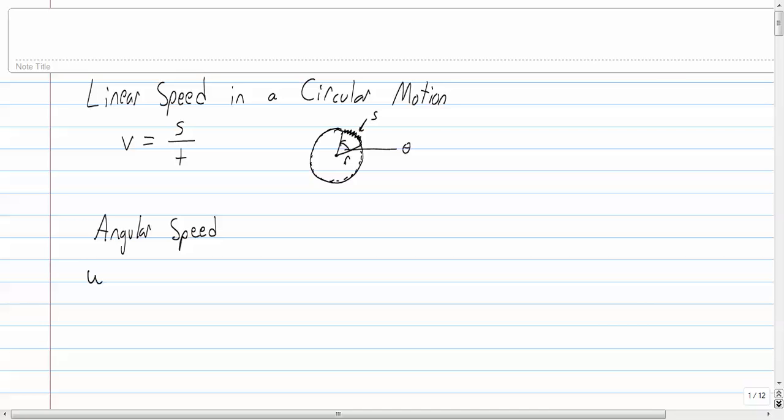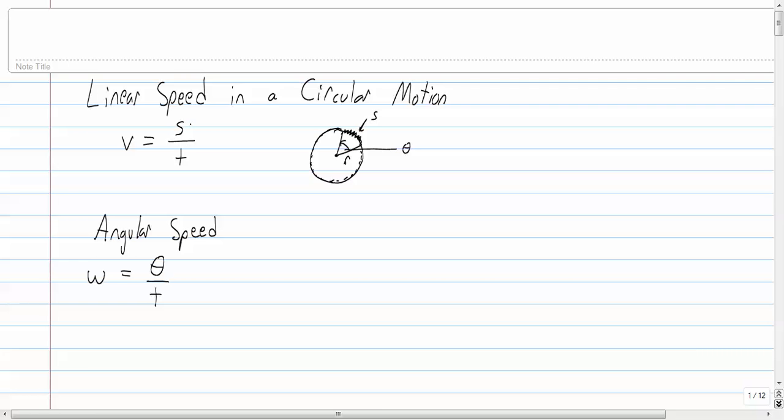So omega, if I say omega, I'm really talking about this w here that I'm writing. But omega is equal to the angle measure that's been swept out divided by the time. Okay? Now, if I was to set S, remember arc length we said was the radius times the angle measure?